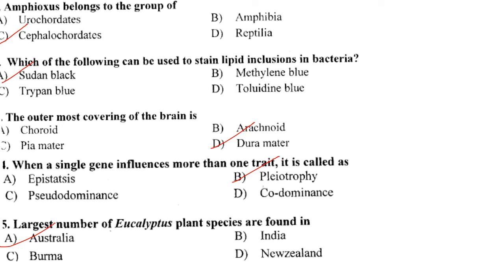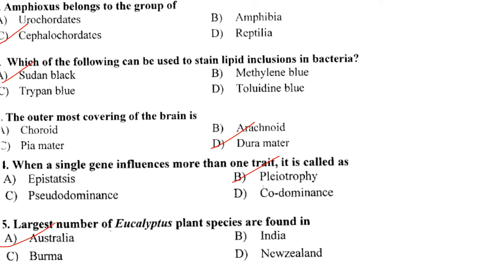So coming to the first question, Amphioxus belongs to the group cephalochordates. Then which one of the following can be used to stain lipid inclusions in bacteria? Sudan black, or Sudan black B, stains a wide variety of lipids such as phospholipids, sterols and neutral triglycerides.